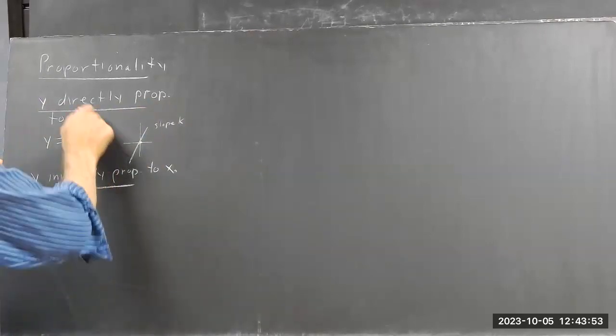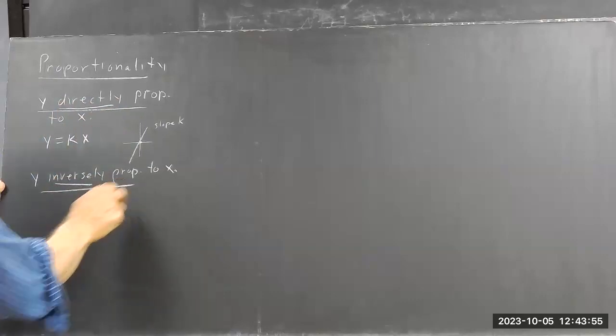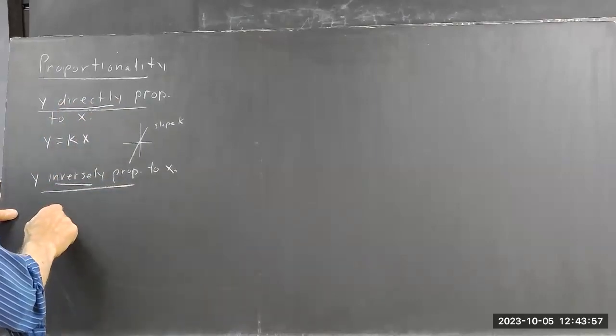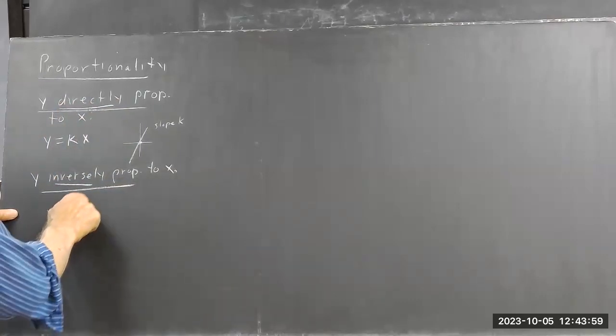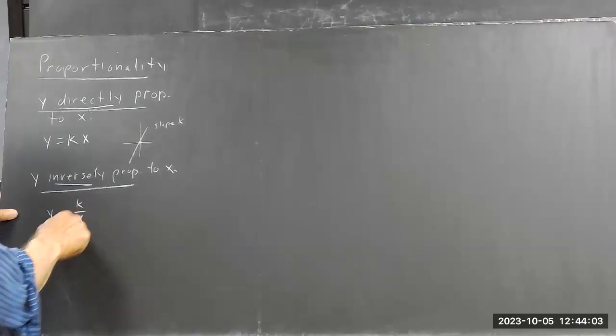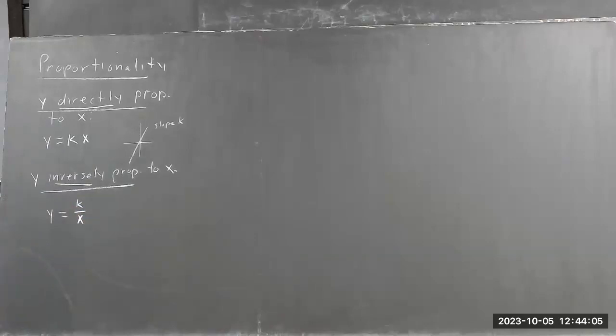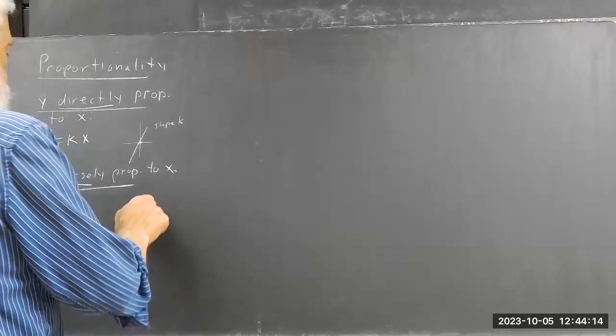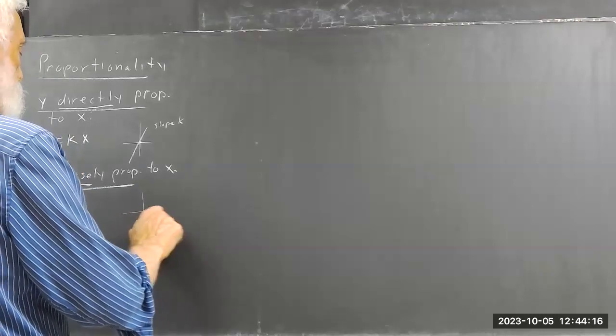Okay. Now we have direct proportion, we have inverse proportion. Inversely proportional means Y equals K divided by X. Well, just to, again, put it in the context of something we know already.